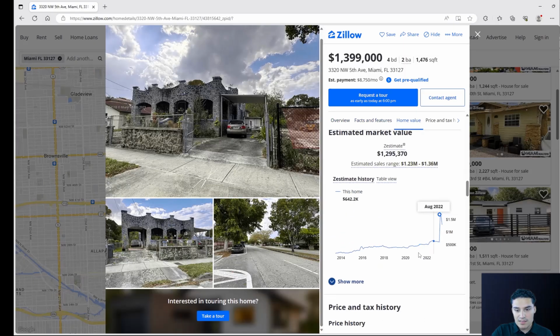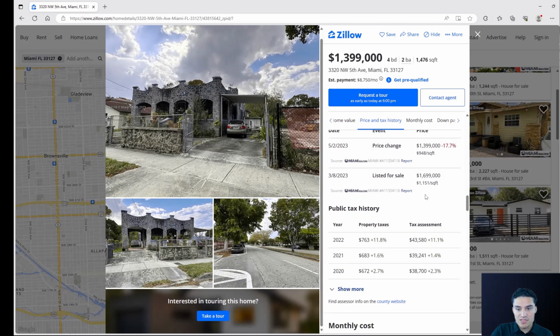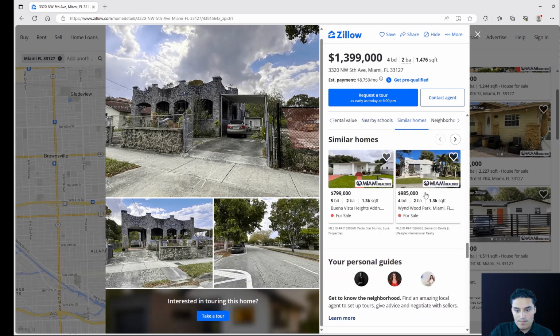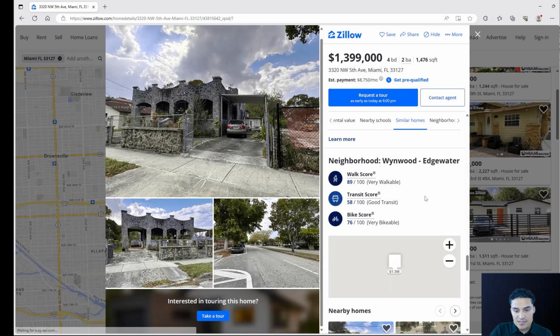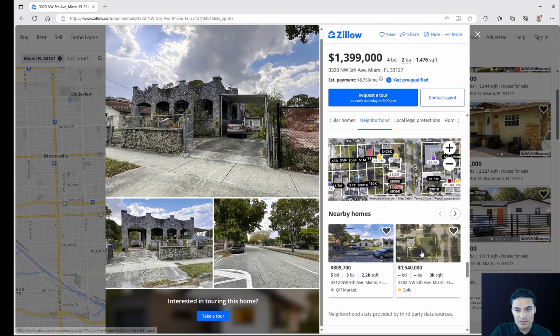And then you can kind of see here, wow, what a big jump. I think it's because the asking price that they were doing, it's really high. Now look, they were asking even more when they first listed the property on the market. So wow, tremendous. That is big. You can actually see this lot here sold for 1.5 million.